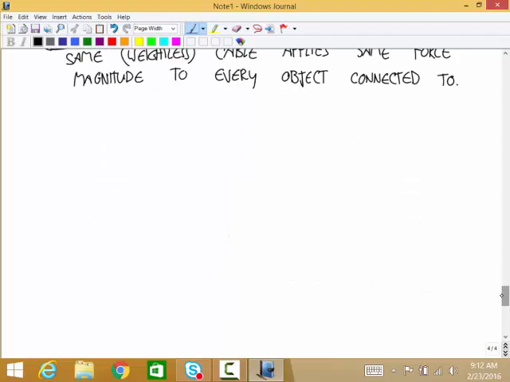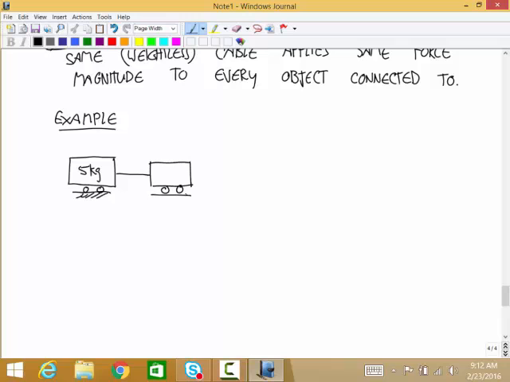Okay, so let's do an example problem. So let's say that we have a 5 kilogram cart attached to a 2 kilogram cart. And there's a 20 Newton force pulling to the right.